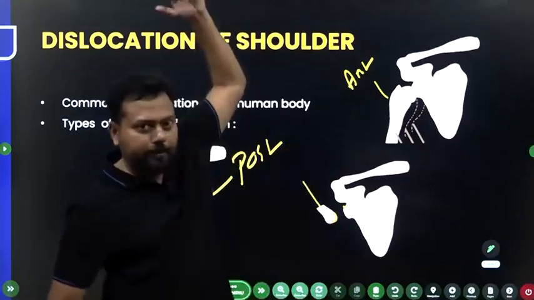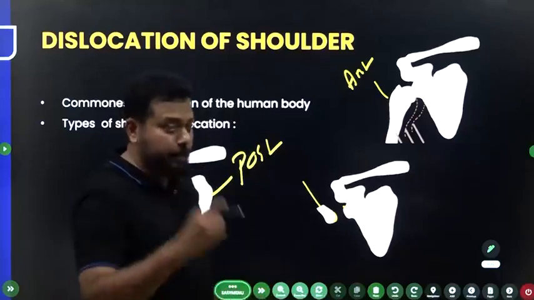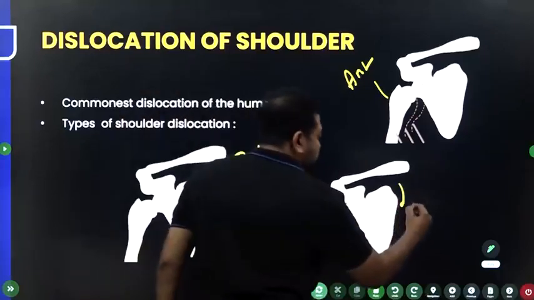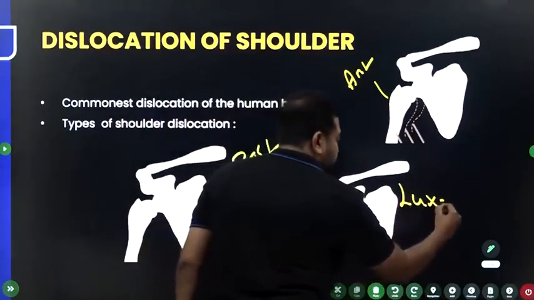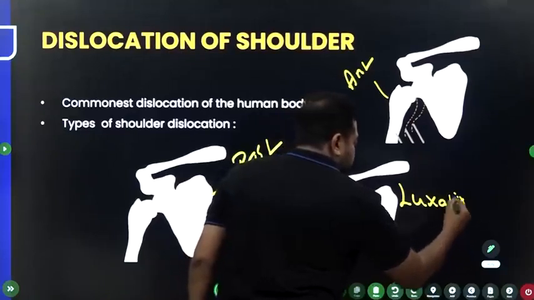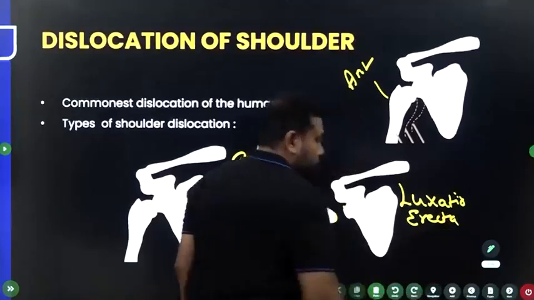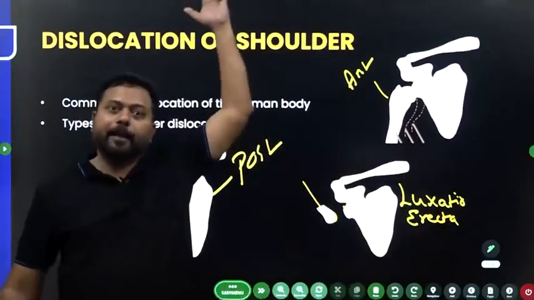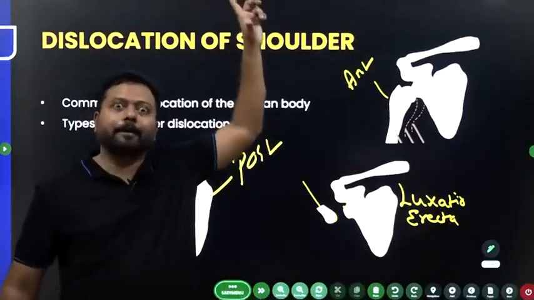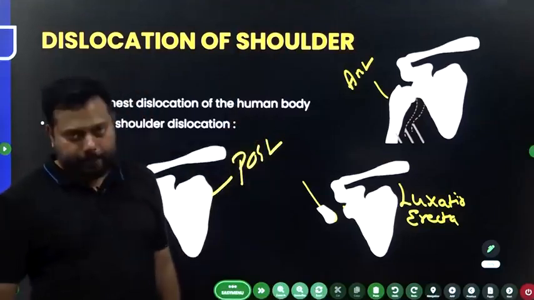This has a peculiar name, luxatio erecta, the shaft of humerus getting erected.